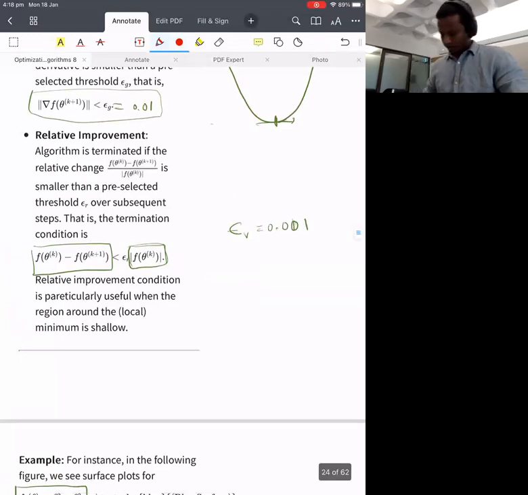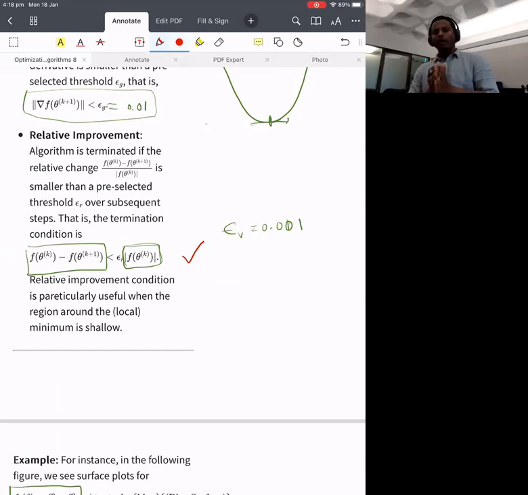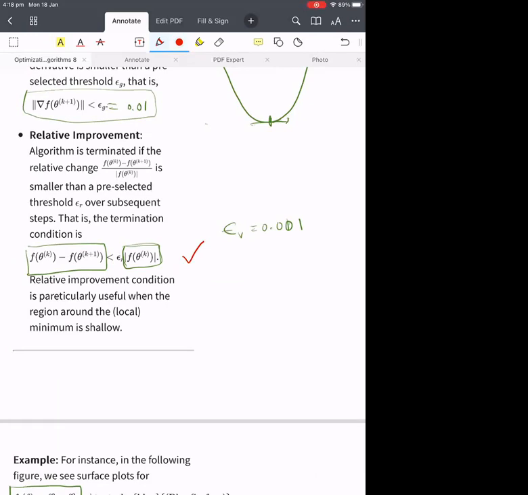Is this the equation, Krishna? Yeah, that's the one. Think about it: we always move in a decreasing direction. But if for some reason it does increase, then the algorithm will get terminated.